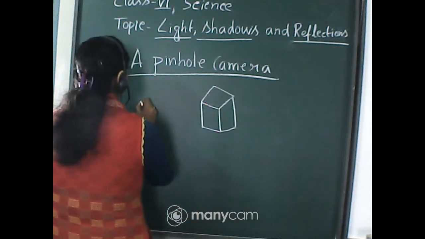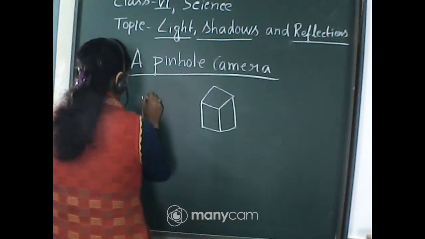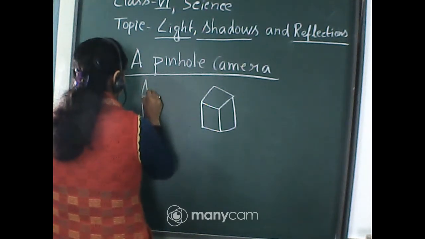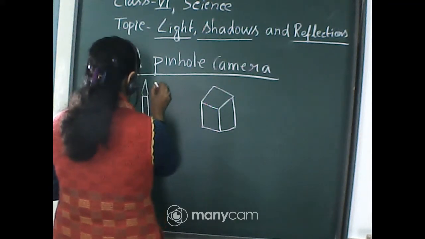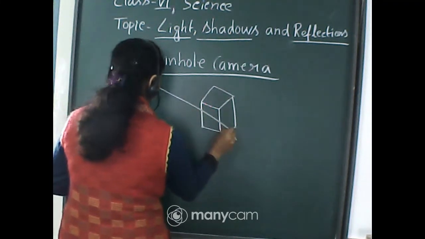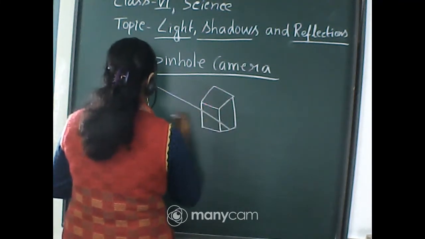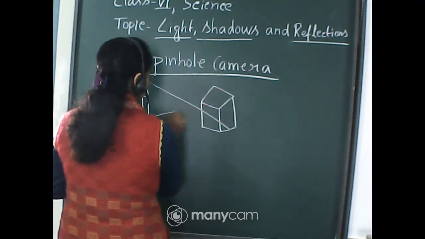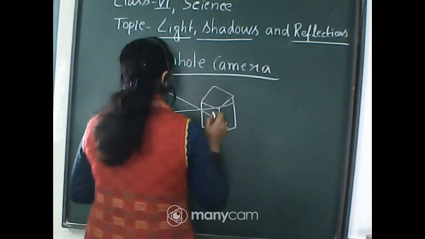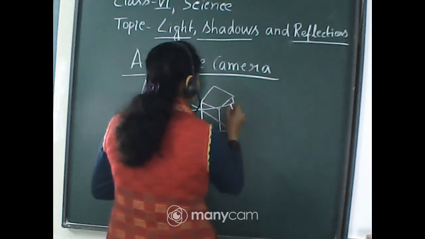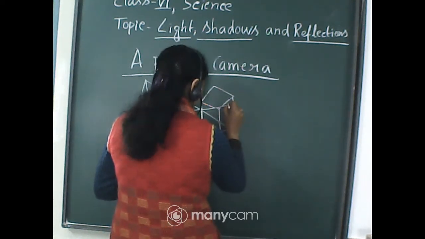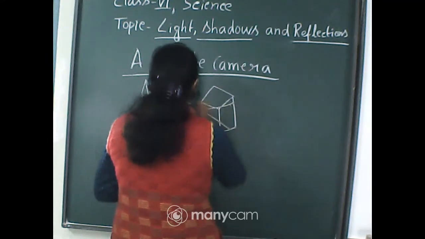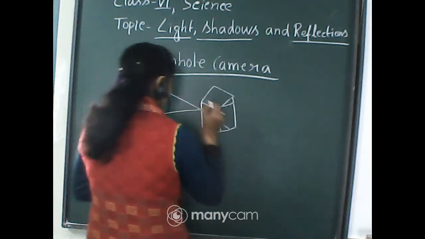Now, if there is a candle here, this candle will form an image smaller than the actual object. Okay? Small image than the actual object, sorry.